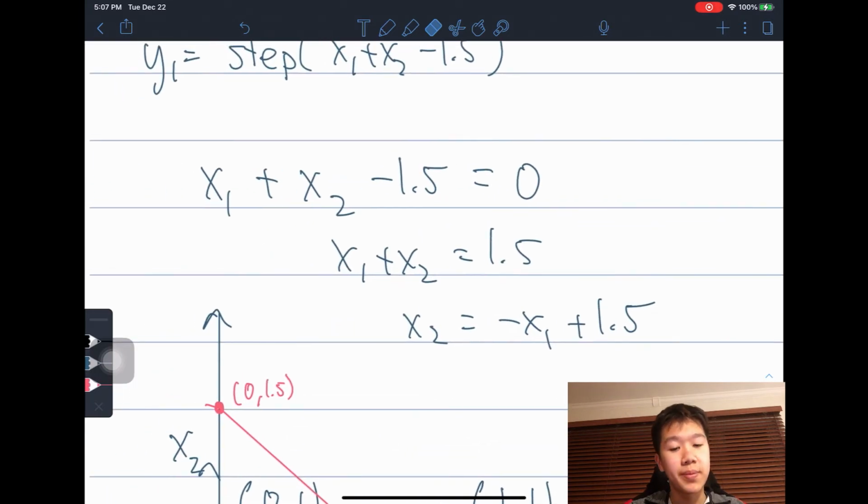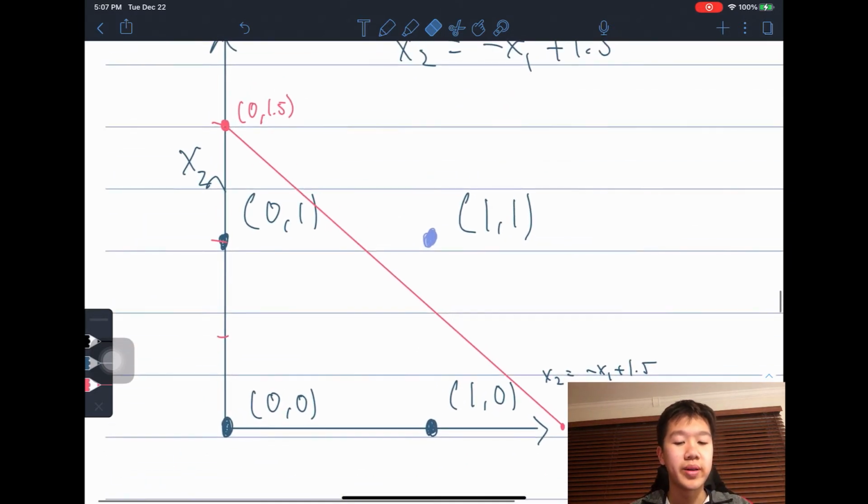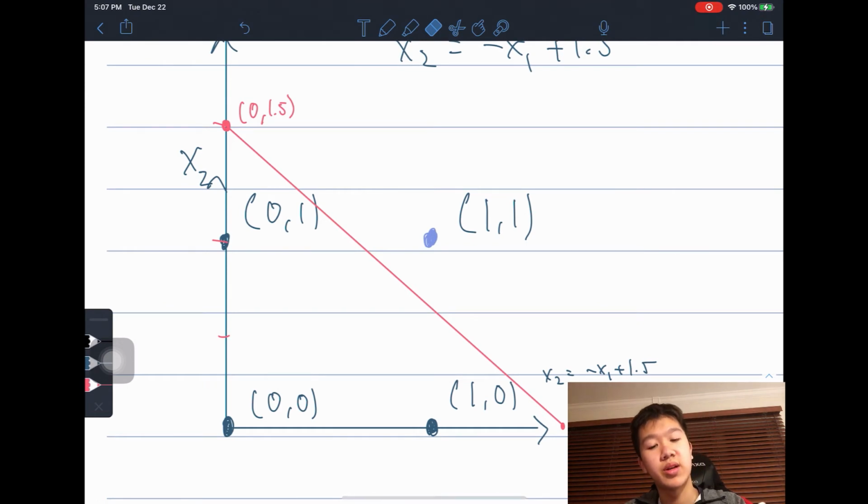We want to find when it's 0, so x1 plus x2 minus 1.5 is equal to 0, and you solve it, move 1.5 to the right, and make it of the form x2 is equal to something plus something. So x2 is equal to minus x1 plus 1.5, because this gives us a line where the x-axis is x1 and the y-axis is x2. So if you plot this line, we see that these two are my points of reference, and I use these to just draw the line, and it is red.